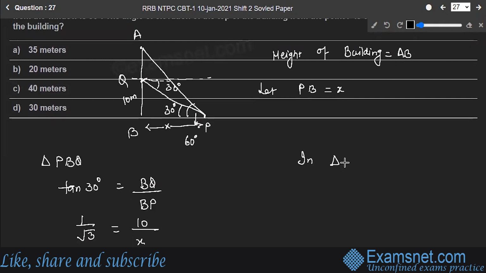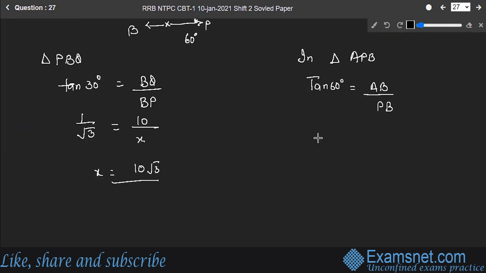In triangle APB, similarly, tan 60 degree is equal to AB upon PB, right? Tan 60 is root 3. AB, I have to find out.